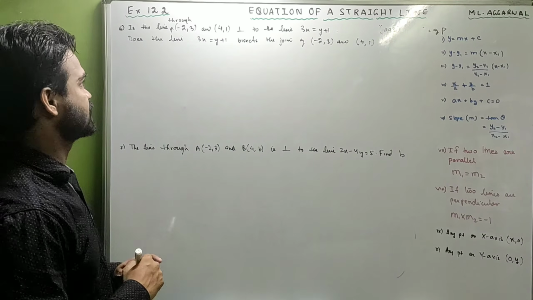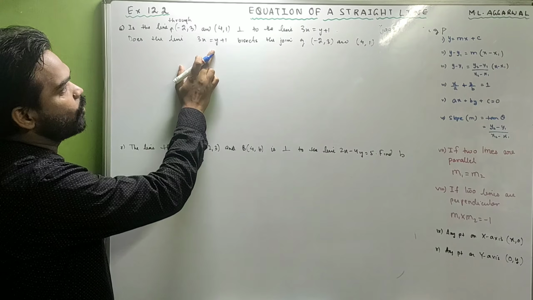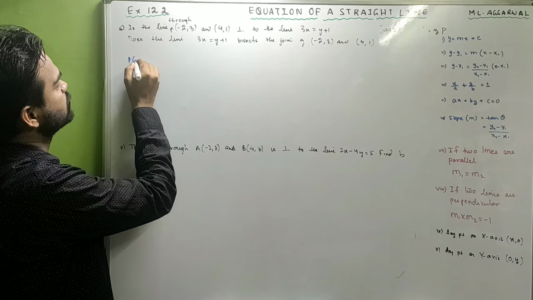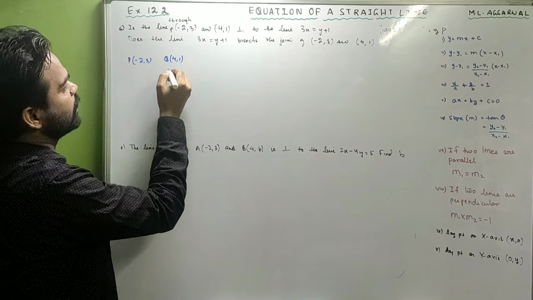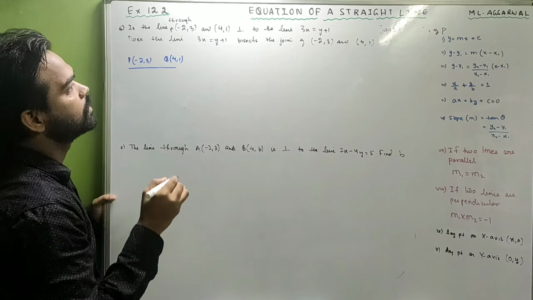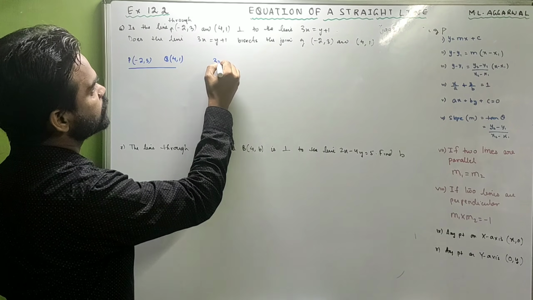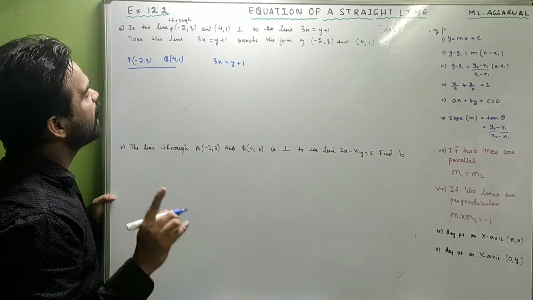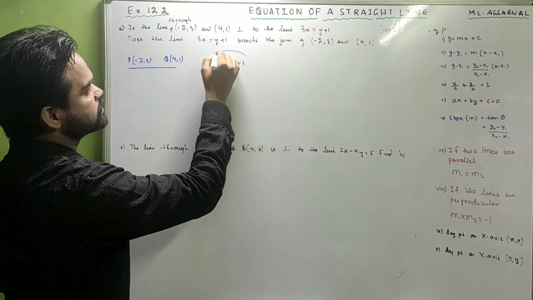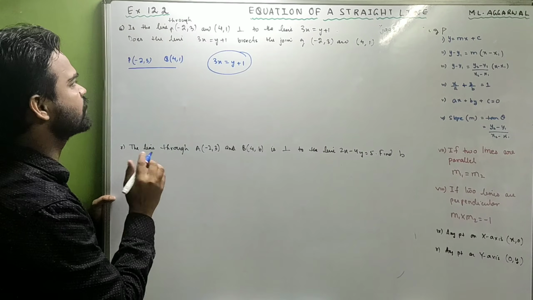Now look at number 6. Is the line through minus 2 comma 3 and 4 comma 1, which means the points, suppose P and Q, perpendicular to another line, 3x equals y plus 1? That is the first part. And does this line bisect the join of these points? The first part is very easy.